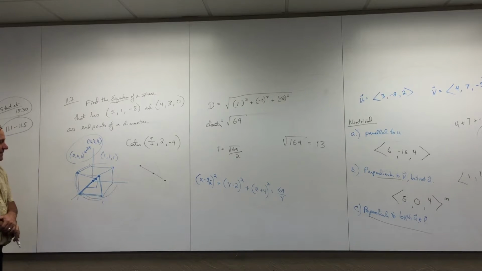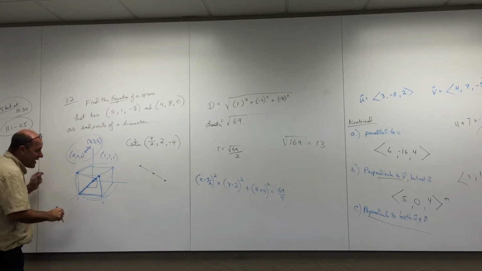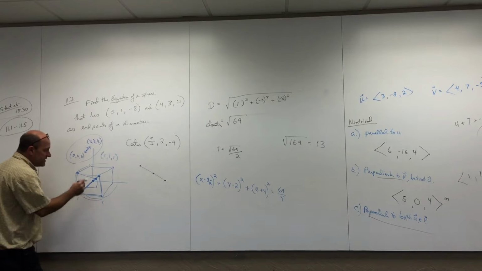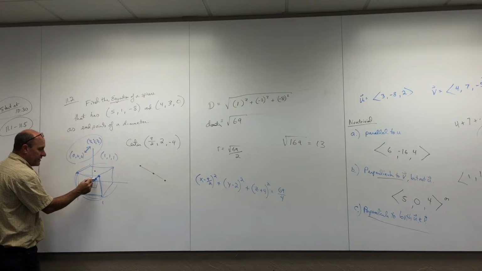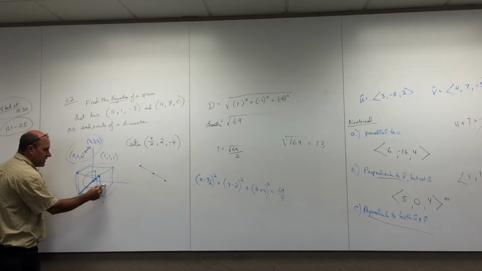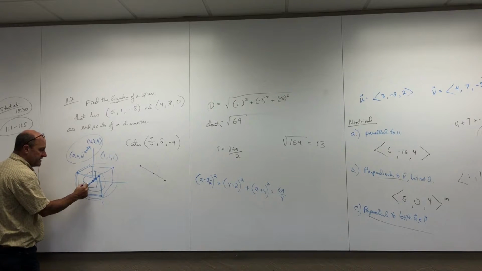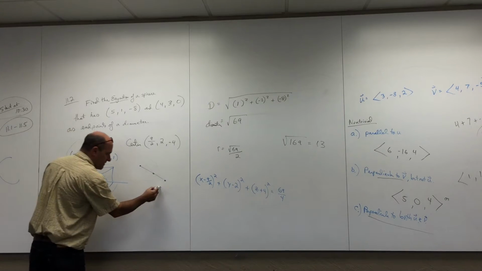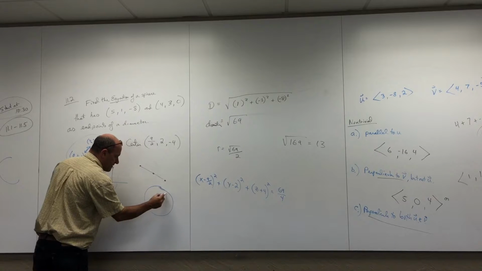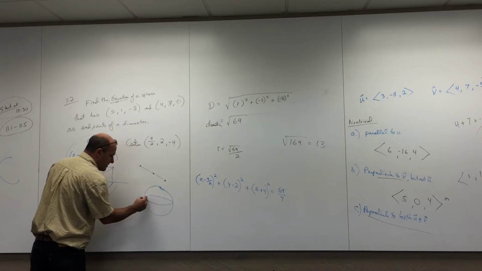If it was inscribed, that's different. You're right. Then the sphere is sort of touching these faces. So then what would its radius be?